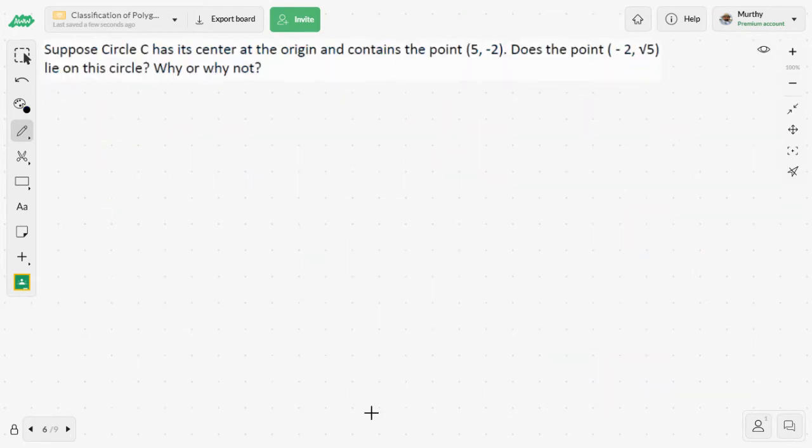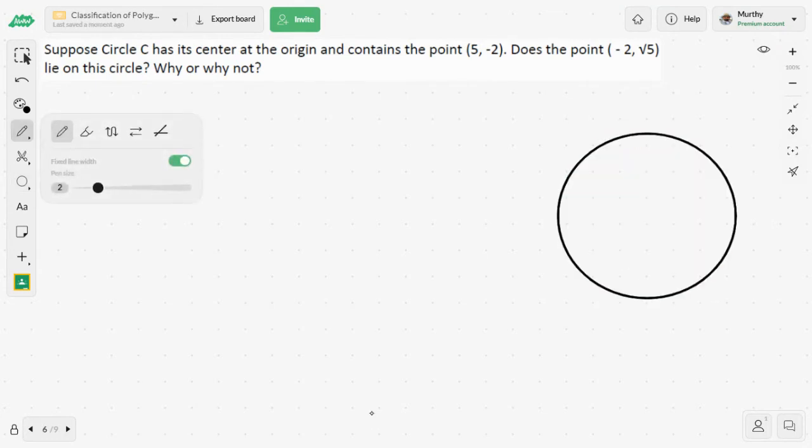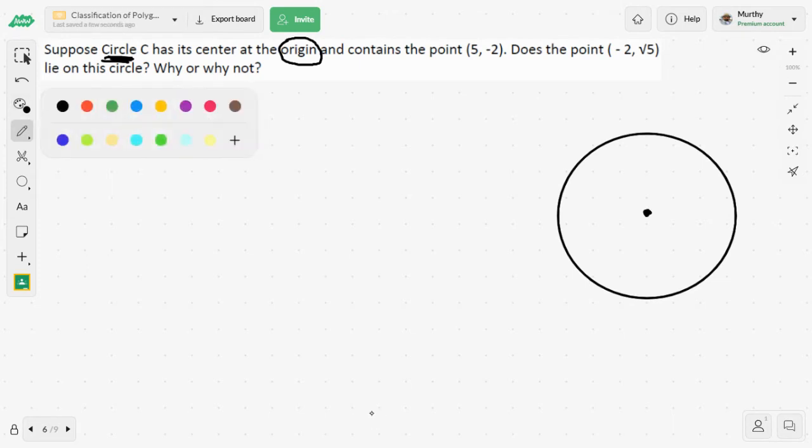All right. Well, in this question, just assume that there is a circle. There is a circle, and there is a point. This is the center. Suppose a circle C has its center at the origin. Origin means, if there is a graph sheet, the point where the x-axis and y-axis intersect.